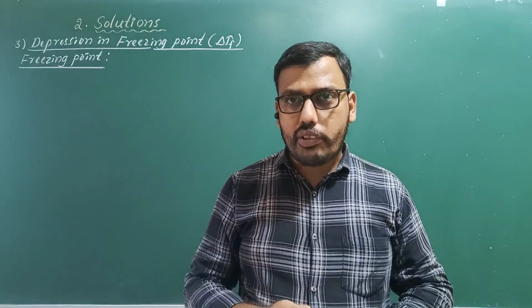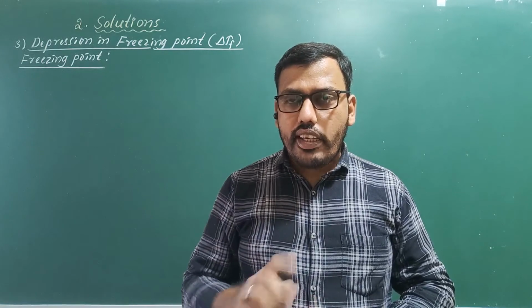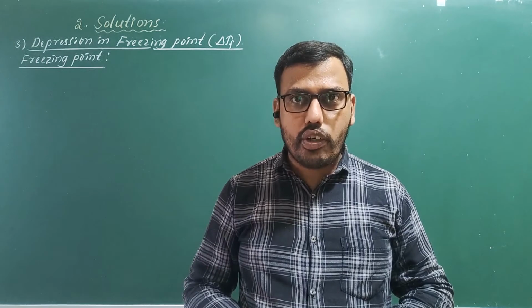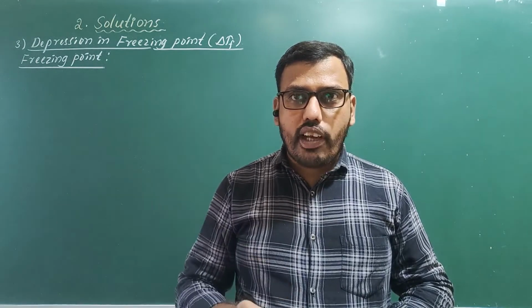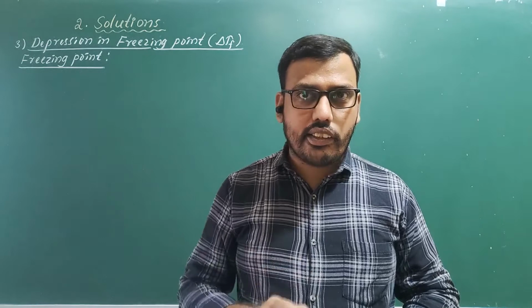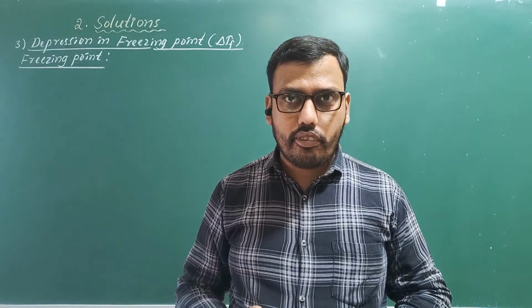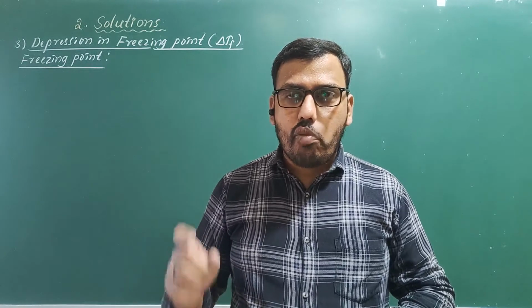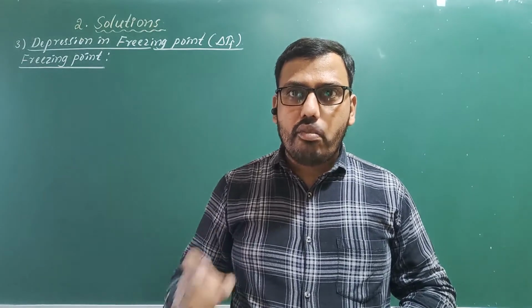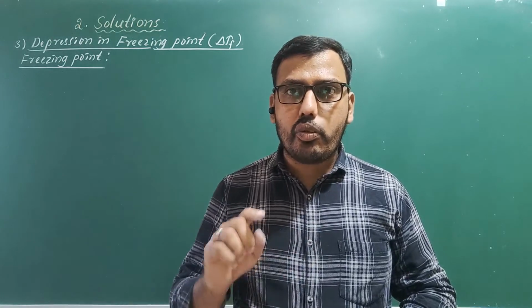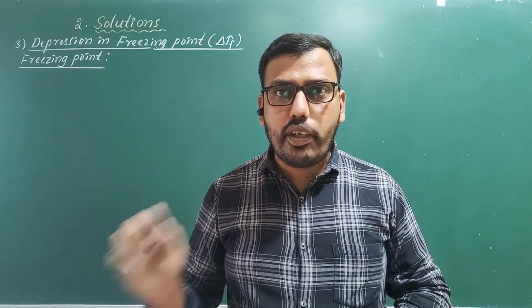While discussing boiling point, I told you boiling point of pure solvent is less, boiling point of solution is more. So boiling point of solution is TB, boiling point of pure solvent is TB naught. That's why delta TB is equal to TB minus TB naught.